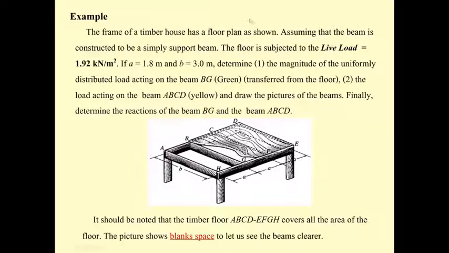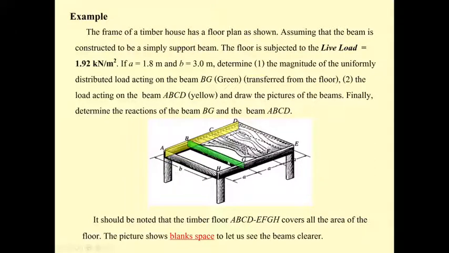And then they ask us to determine the uniformly distributed load that acts along the beam BG. And then they also ask us to find the loading acting on the beam A, B, C, D, and then we need to draw the picture and do the calculation for the reactions of these two beams.